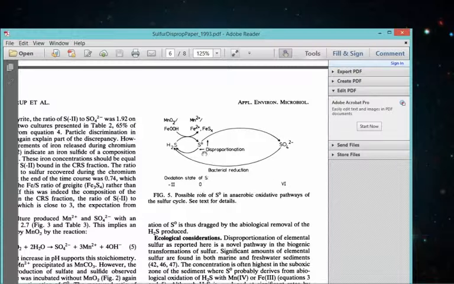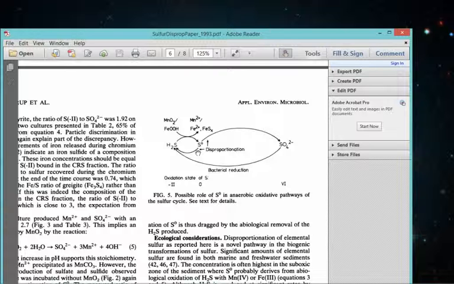And some of these sulfur atoms are reduced. They end up with an oxidation state of -2. So in this case, the elemental sulfur that you start with is both the electron acceptor and the electron donor.